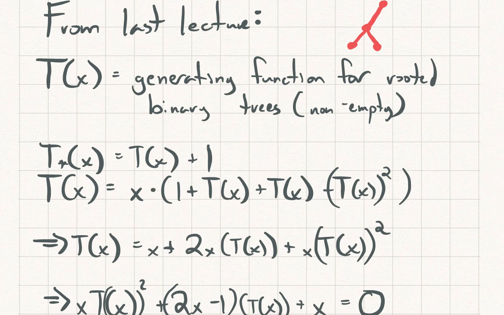And I just want to say this is for non-empty rooted binary trees, but that's okay. We want to eventually get to all rooted binary trees, but we're just missing the empty one. So we'll call all of them t star of x, and we'll take all of them that we have for non-empty ones, and we'll just add that one empty one of degree 0.